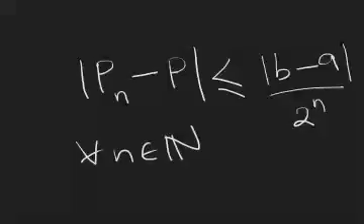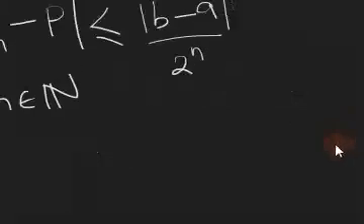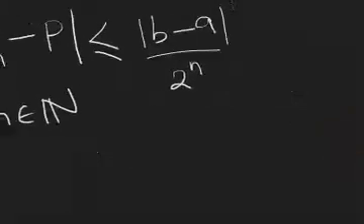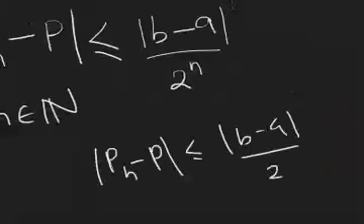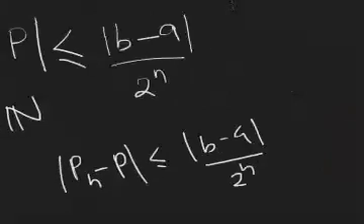Therefore, |p_n minus p| is less than or equal to (b minus a) divided by 2 to the n, and this should be less than or equal to 10 to the minus 4.